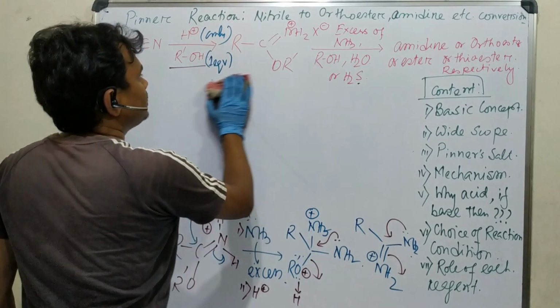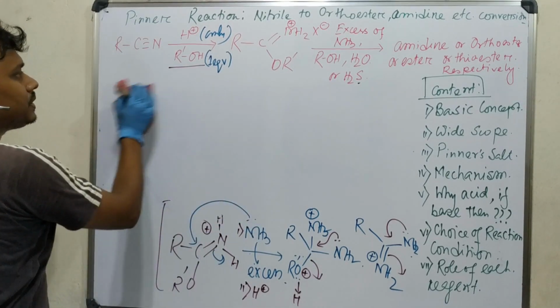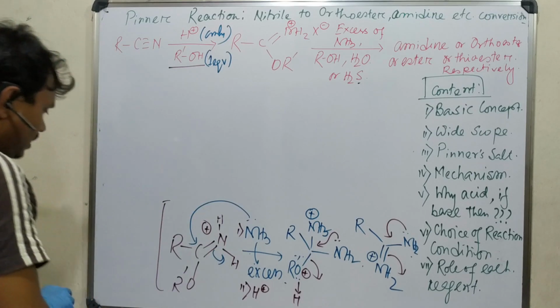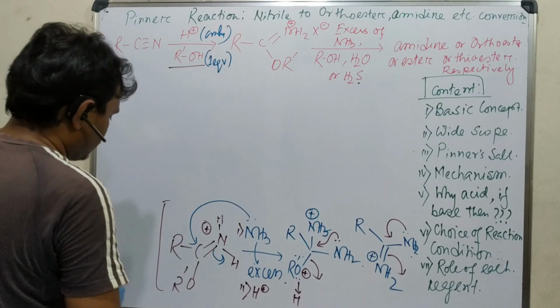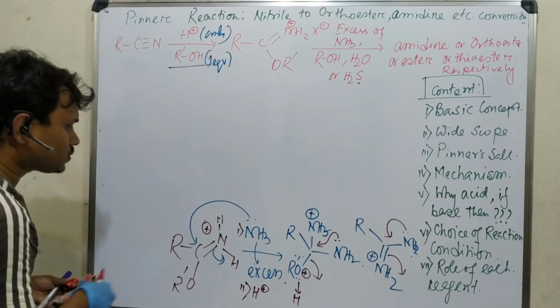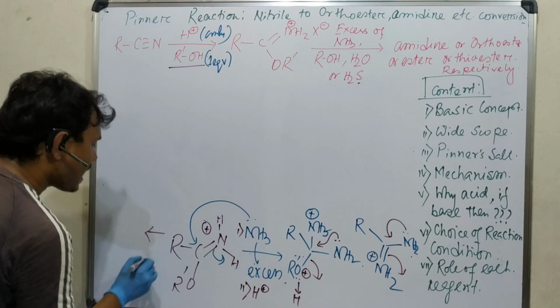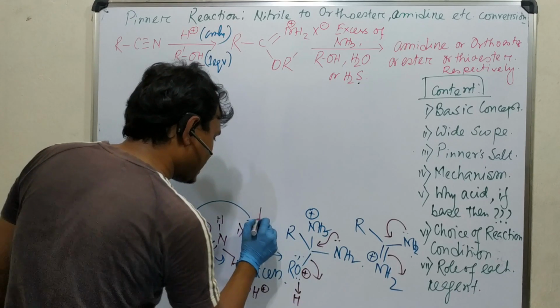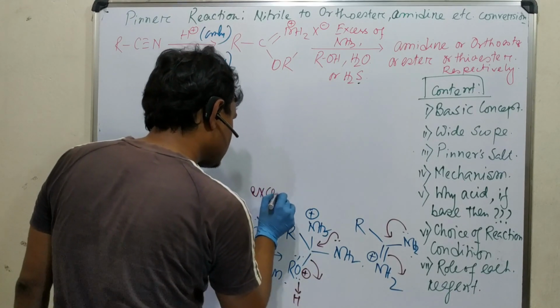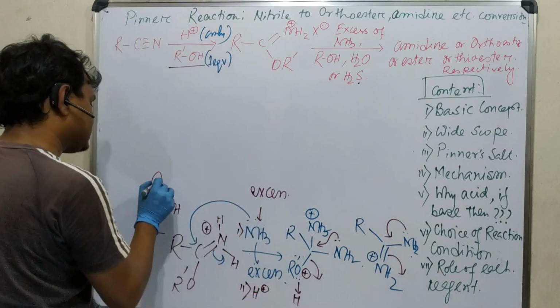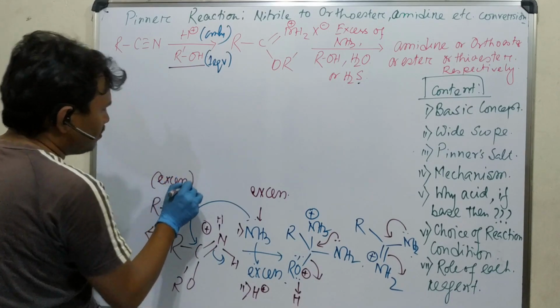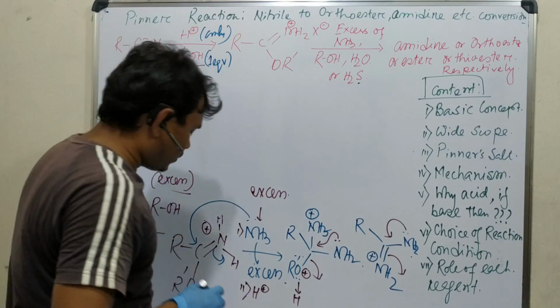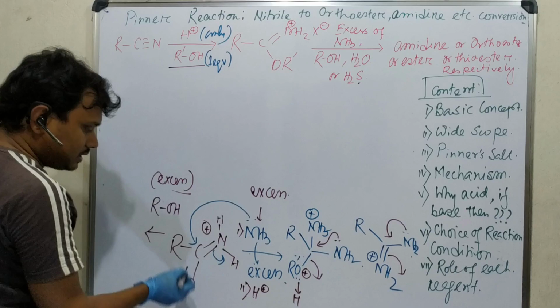So similarly, now since this Pinner salt is prepared, we can think, why not react it with excess alcohol, just as this was ammonia excess, this is alcohol excess. By the way, you may think of one question: why does this attack?